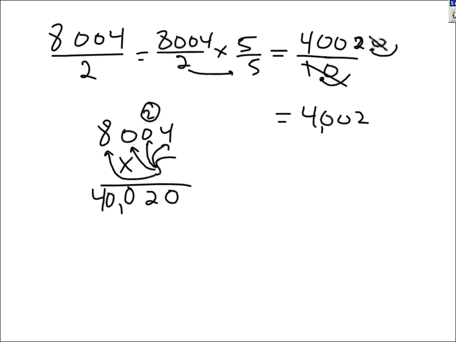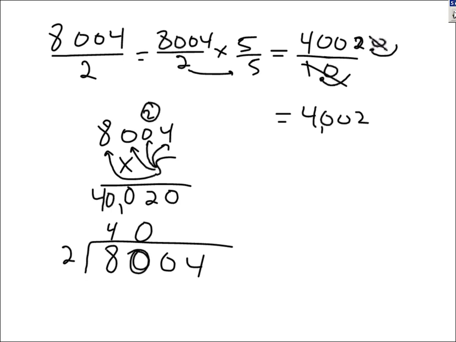And I didn't divide. I multiplied. In this case, doing the long division would not have been that bad. 2 into 8 goes 4 times. 2 into 0 goes 0 times. 2 into 0 goes 0 times. 2 into 4 goes 2 times. There's a rare case where it may have been quicker to do short division.